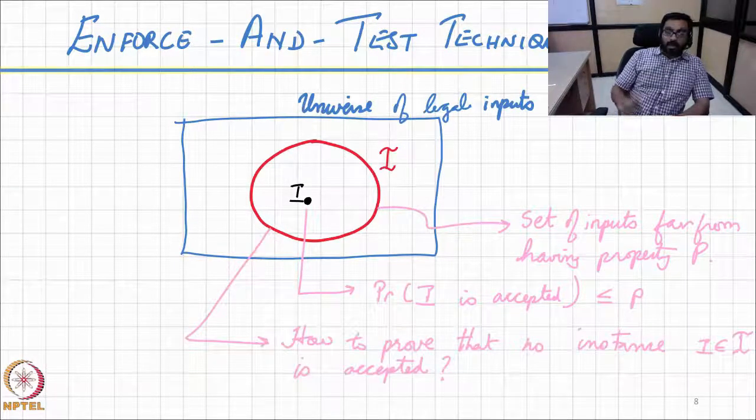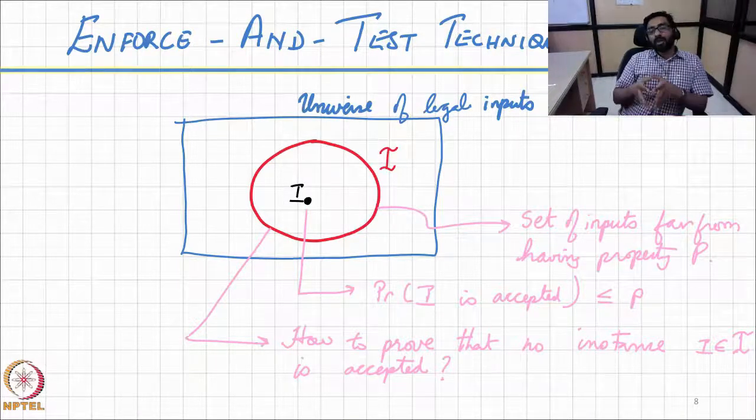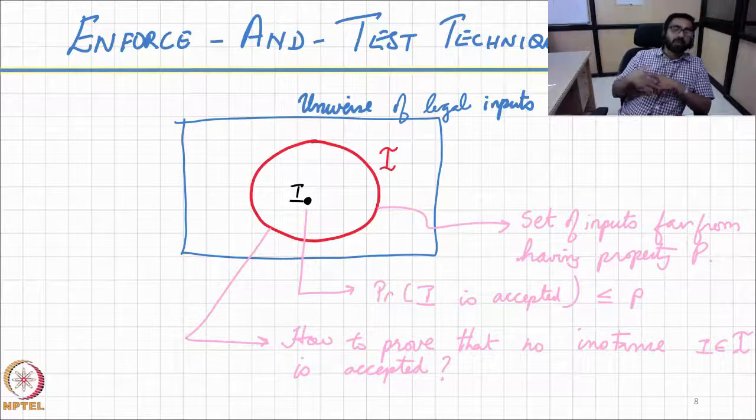Okay, and then let's say we do manage to do that. Now we need to extend that to prove that no instance I is accepted with any reasonable probability.